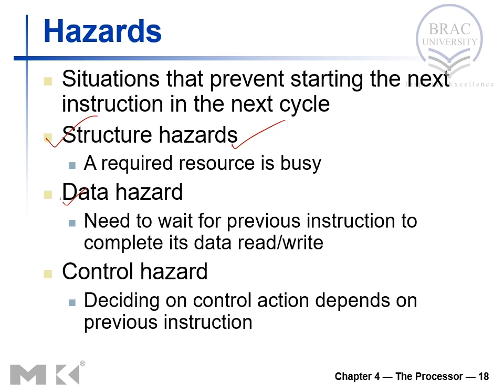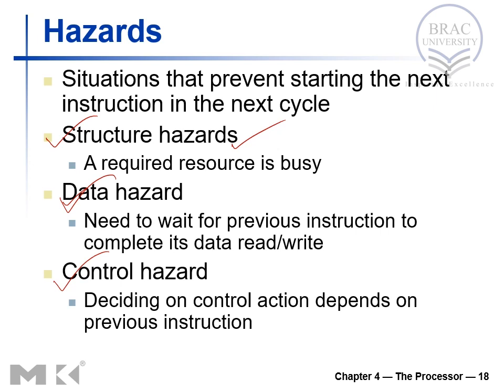And control hazard, before crossing certain stages, we are not sure whether to take a branch or not. Jump is unconditional.